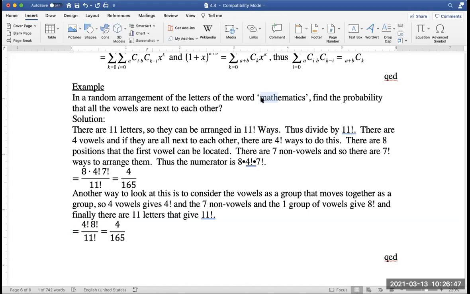In the vowel bundle, there are 4 factorial different ways to make that bundle, because I can put any of the 4 vowels in the first position, and the remaining 3 in the second, and then 2, and then 1. So there's a 4 factorial.